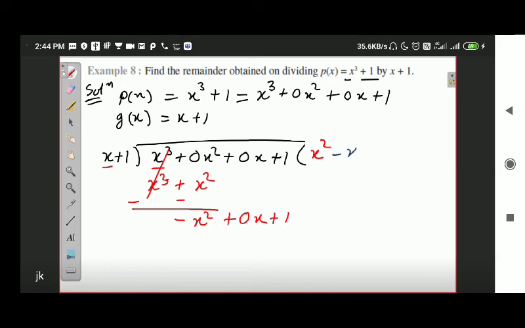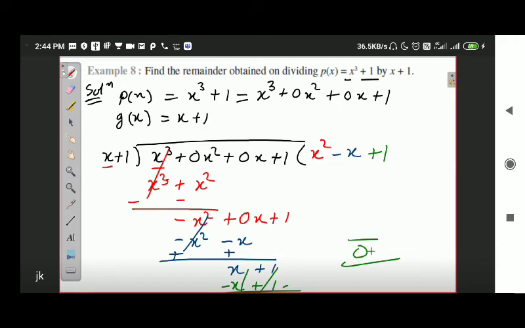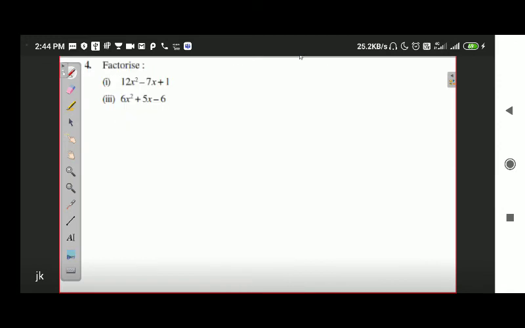That is minus x. So this is minus x square minus x. Once again, change of sign and we have x plus 1. Again, what should we multiply with x to get x? That is 1. Lastly, you change your sign and your final answer is 0. So the remainder for the given example is 0 and the quotient is x square minus x plus 1.